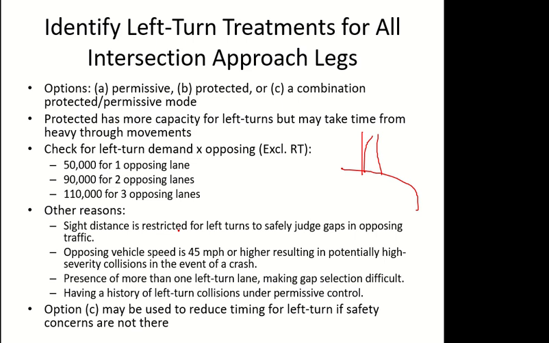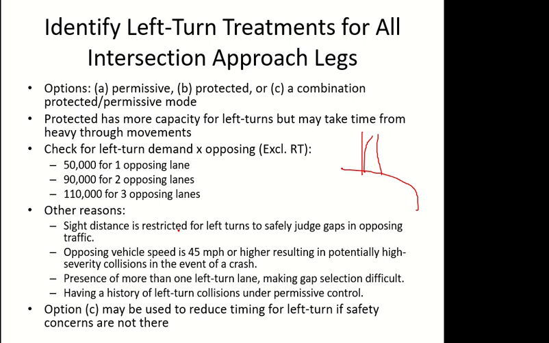Another is the presence of more than one left turn lane. You already have very high volume left turning, and you decided you will provide two lanes there. Again, you cannot allow multiple vehicles to make the left turn without any signal. It is dangerous. Then there is a crash history for left turning vehicles. All these are safety related criteria.